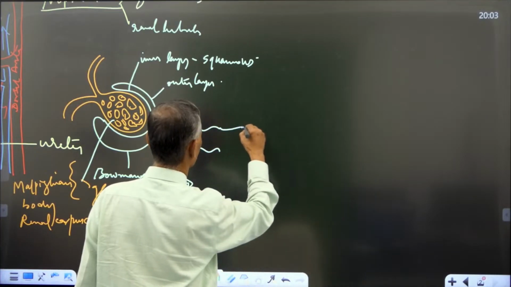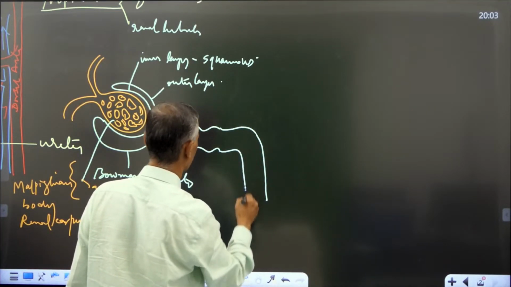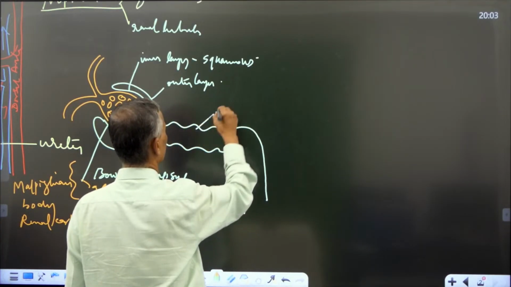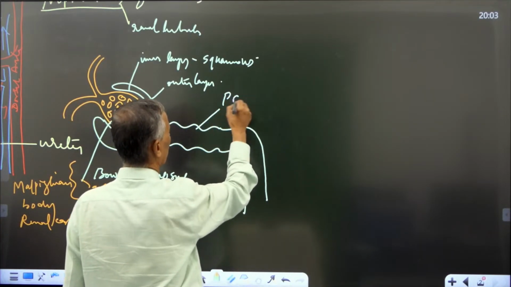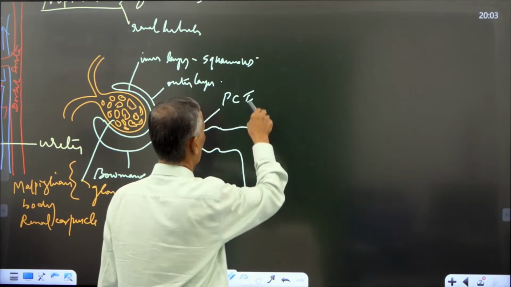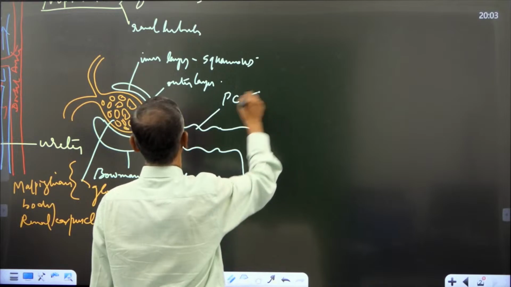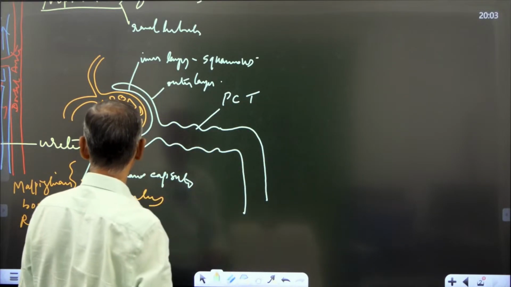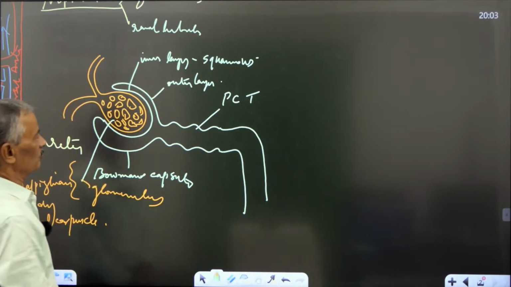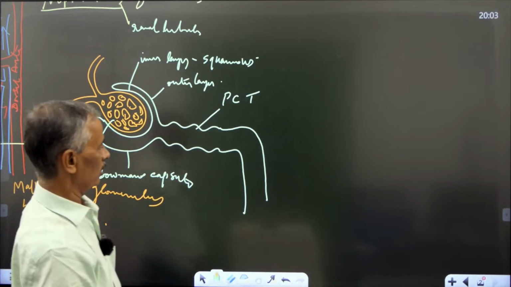The first part is a highly coiled part, so it's called proximal convoluted tubule. Proximal means very close to, close to the Malpighian body or renal corpuscle. So it's called proximal convoluted. Convoluted means highly coiled.